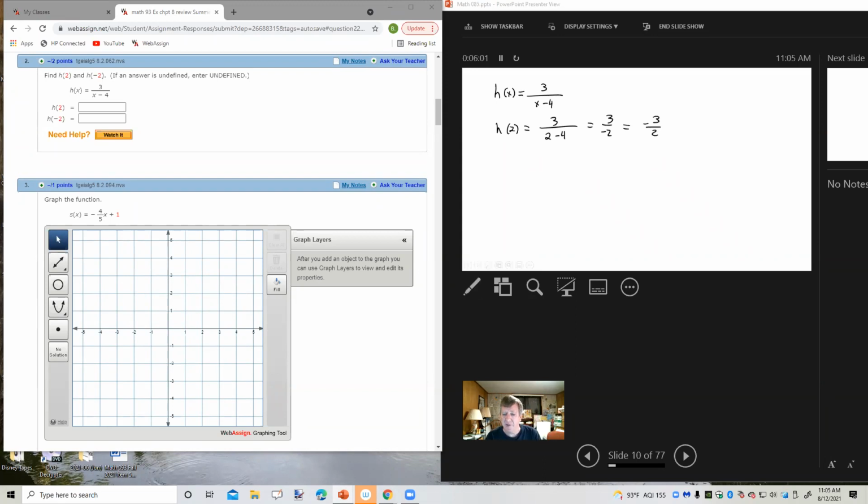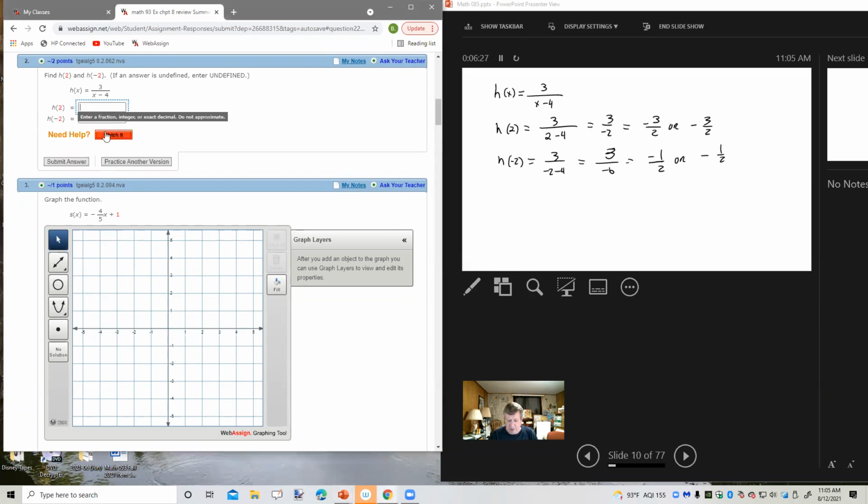Again, we move the negative sign either to the numerator or out in front, but we don't leave it in the denominator. h of negative 2 is 3 over negative 2 minus 4, which is 3 over negative 6 or negative 1 half. Again, we can put the negative sign on top or out front.